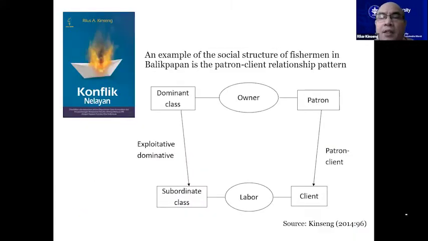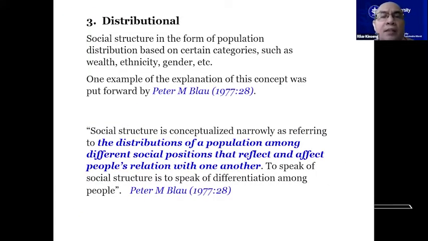Okay. And the third one, the last one, is the distributional type of social structure. This is a social structure in the form of population distribution based on certain categories such as wealth, ethnicity, gender, and so on. The explanation of this type is given very nicely by a sociologist named Peter M. Blau.